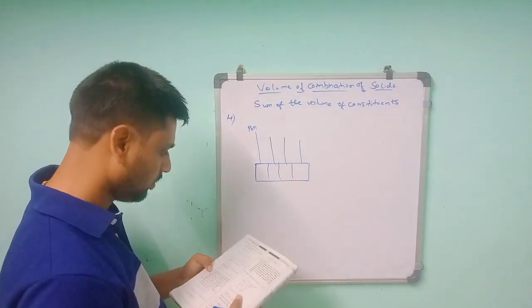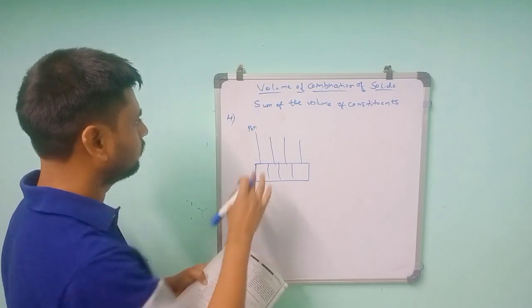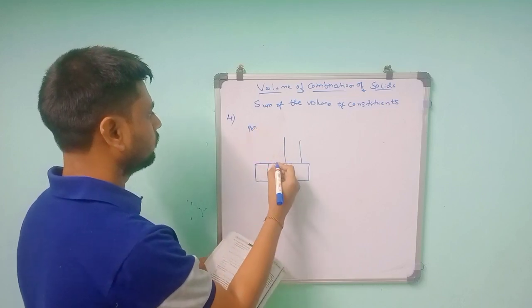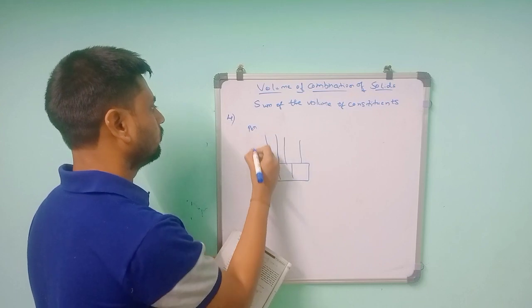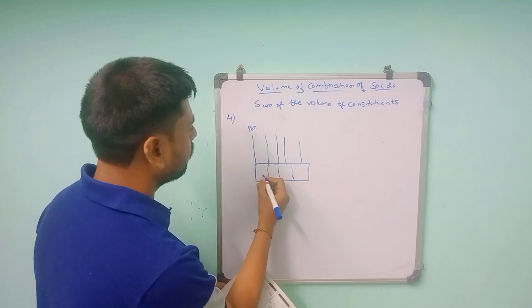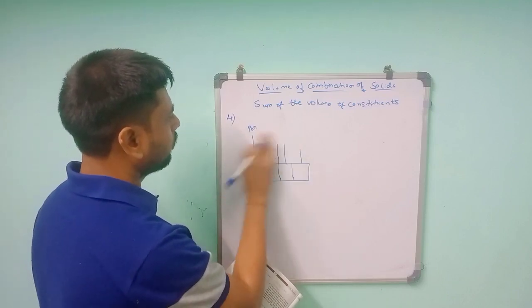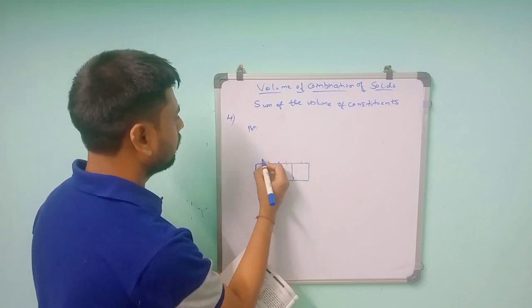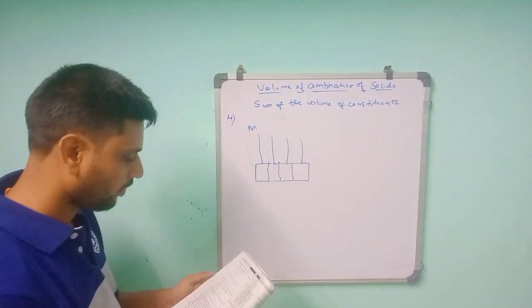This is the cuboid, and it's in the cuboid shape. So 1, 2, 3, 4. So we keep the pen. This is the pen stand. 1, 2, 3, 4, so we keep them on the stand.